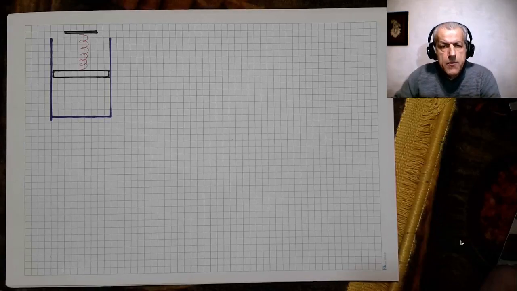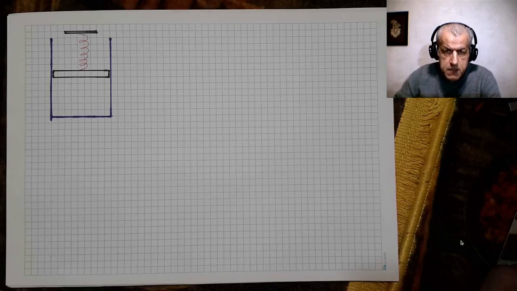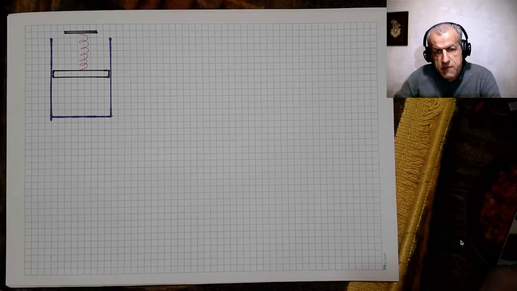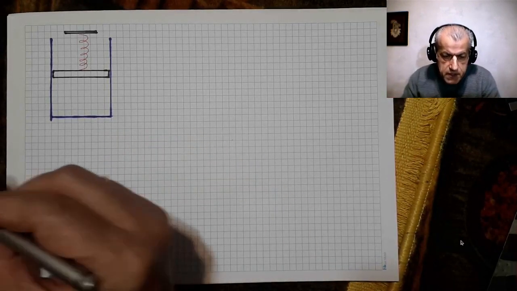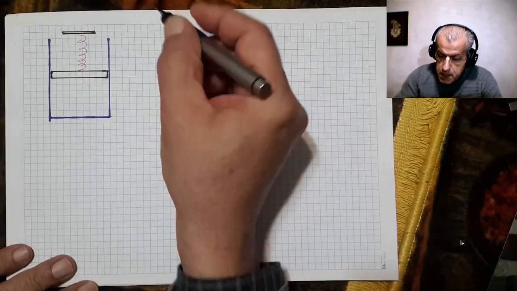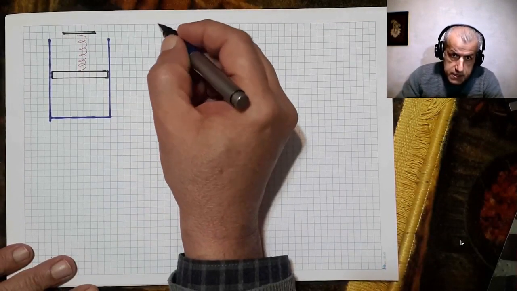Well, the problem tells us that there's a cylinder-piston arrangement with a spring that basically limits the movement of the piston. The spring behavior is defined in this way.